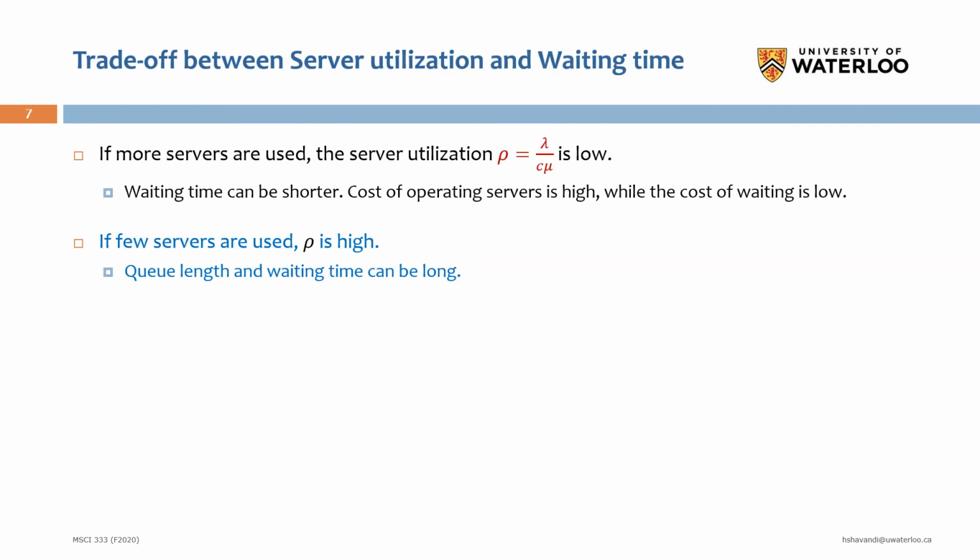In multiple server queuing models, we have the utilization rate as lambda over C mu. So if we increase the number of servers, then the utilization rate rho will be lower, right?